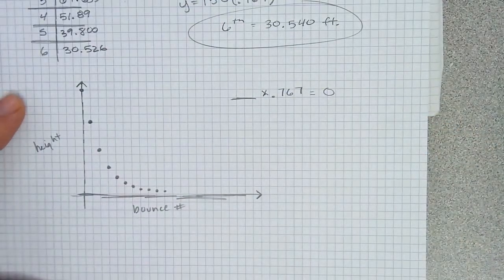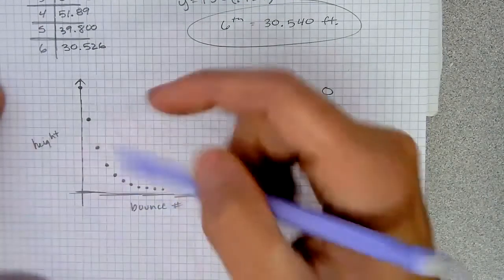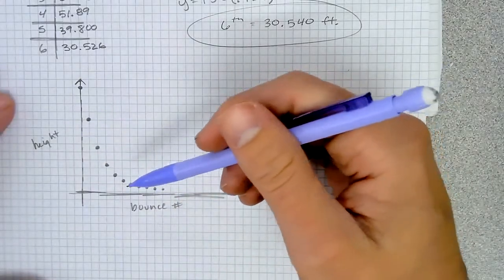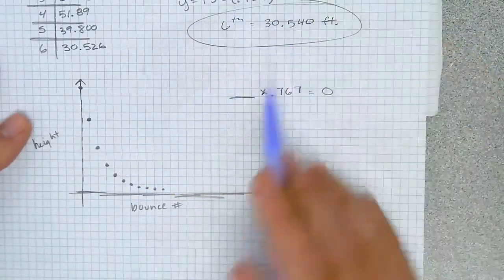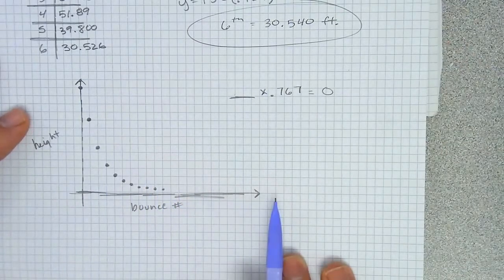Okay, but as long as you're taking 3/4 of something, you're never really going to get to 0 in theory. Now, we all know if you drop a ball, it's going to eventually stop bouncing, right? Because of gravity, it's a thing that exists. Okay, but in theory, this is never going to touch the x-axis. It's just going to keep getting closer and closer.